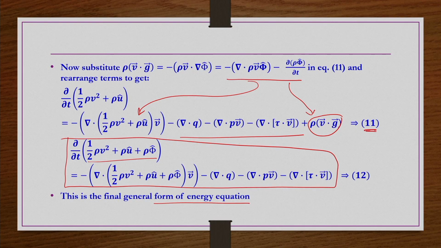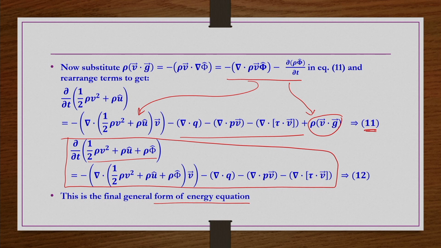How are we going to do it? First, we are going to write an equation for internal energy. For that, from equation number 1, you subtract the equation of change for kinetic energy; that is possible.